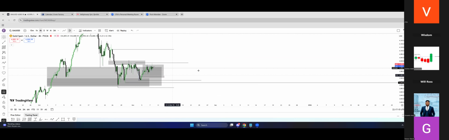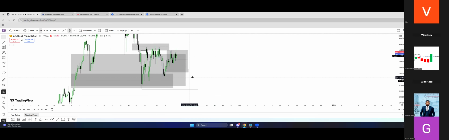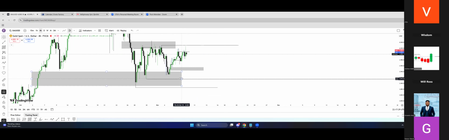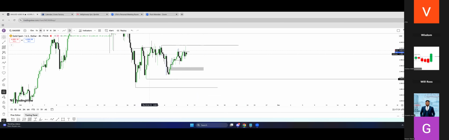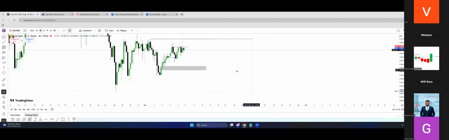But for now, where price is at right now is that price disrespected this area overall, and we have an inefficiency right here that price has not traded into. Take this one out. It's just a low and this low. So price has not traded into this inefficiency right here.